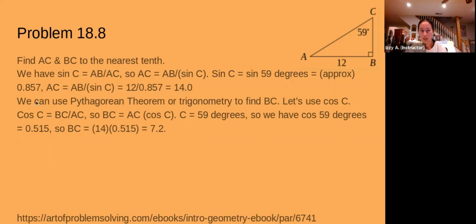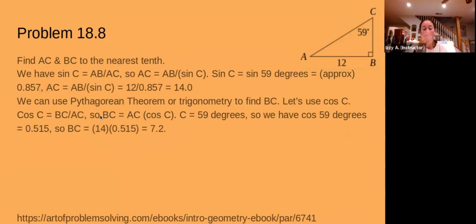14. And then for BC, we can use the Pythagorean theorem or trigonometry, since we know two side values now. But since we are talking about trigonometry, let's use trigonometric values. We're going to use cosine of C, because cosine of C is adjacent over hypotenuse, or BC over AC.